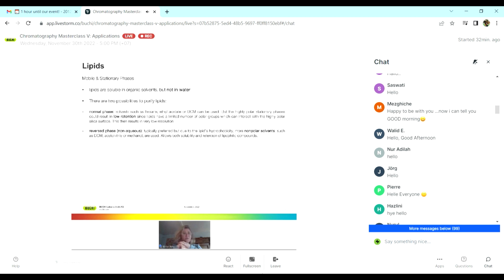So this means you use, for example, a DCM, acetonitrile mixture or methanol, but no water, and this allows you to separate very lipophilic compounds, which maybe are not possible to separate via normal phase, but you can then switch to reverse phase and just avoid using any water. So 2 possibilities to purify the lipids.